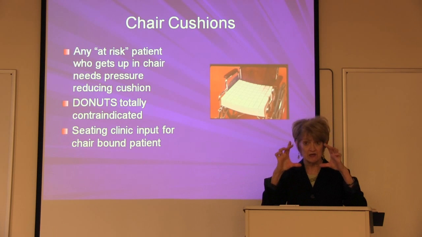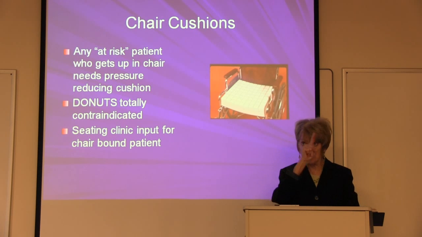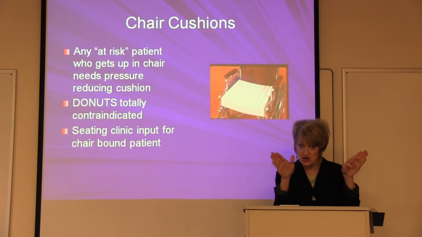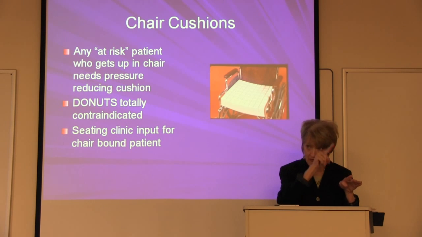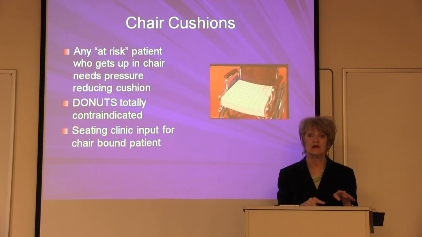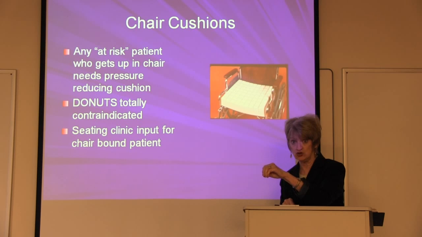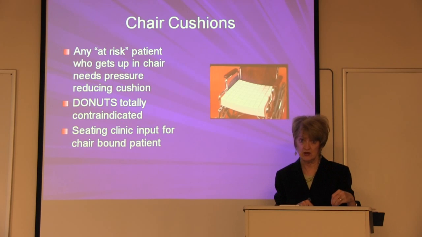If you compress all the tissue around the area, you get peak pressures all the way around. Blood gets shunted away from that circular area. Now you've compromised blood flow into the area and you've compromised venous return. So you want everybody to know we never, ever, ever use donut-type devices.